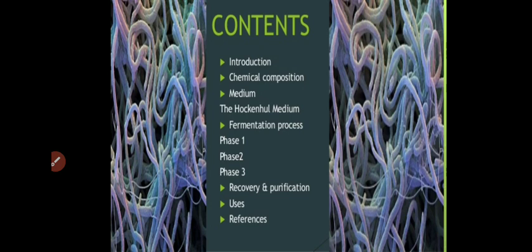Then the fermentation process at the industrial level. It includes three phases: phase 1, phase 2, phase 3, which we will learn in detail. The next points are recovery, purification, and uses of streptomycin. These are all the contents we are going to learn in our further session.